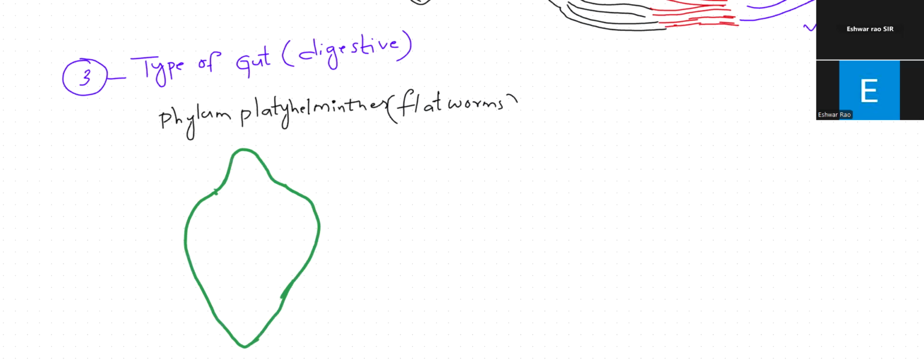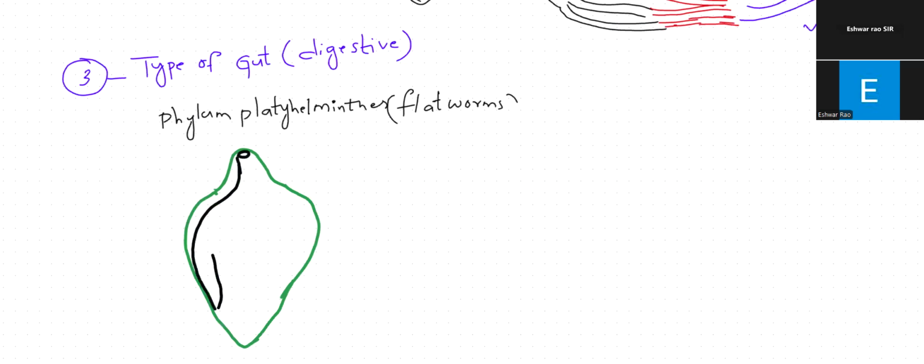When you see the Fasciola hepatica, it has a mouth. Then it opens into the pharynx, and it has a bifurcated intestine.